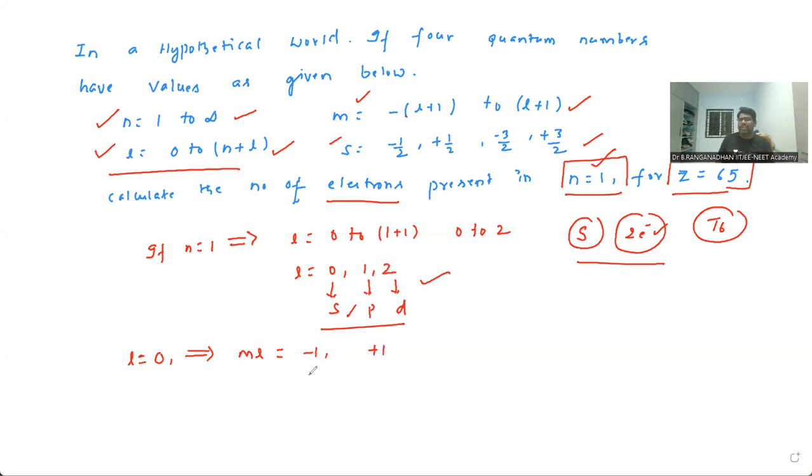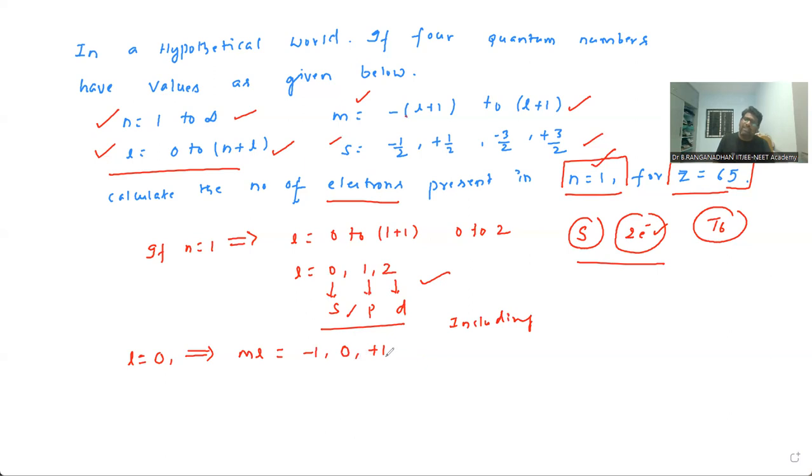If we include 0 for the magnetic quantum number, s orbitals are not normally possible for plus or minus 1, but it is possible only for 0.